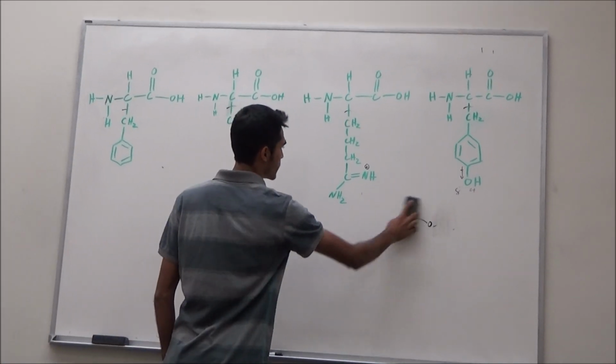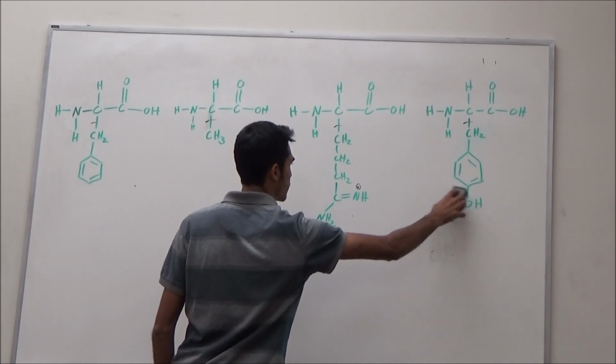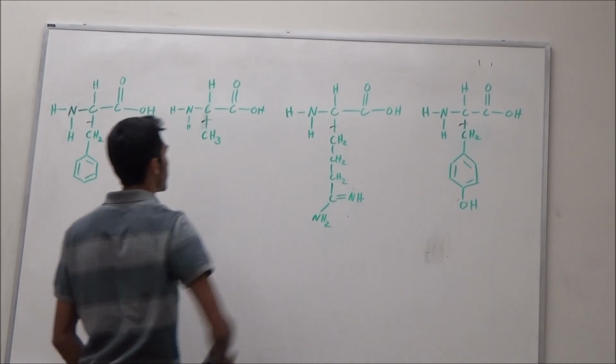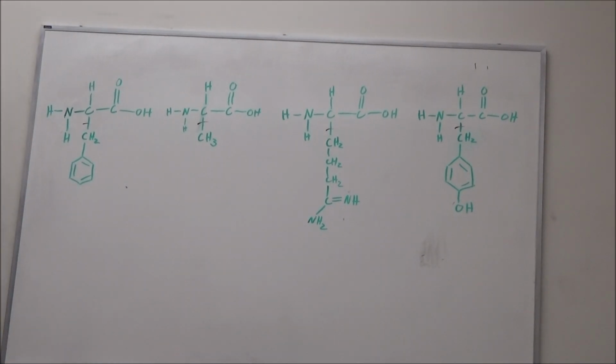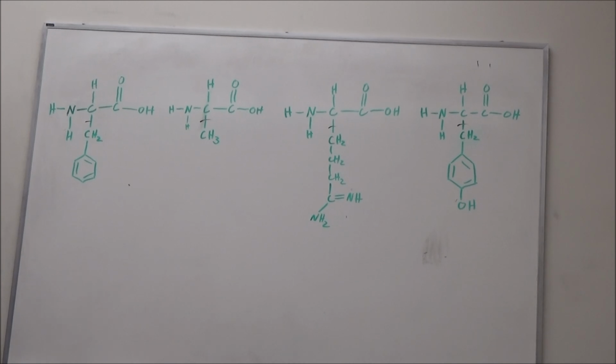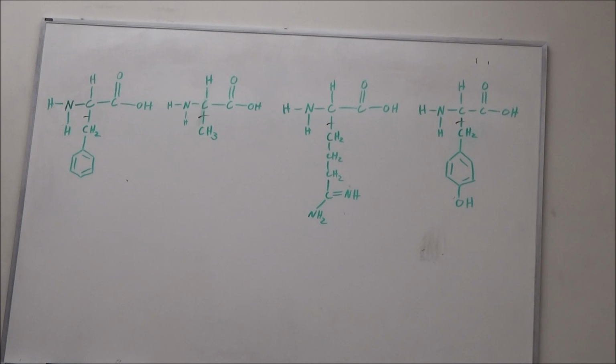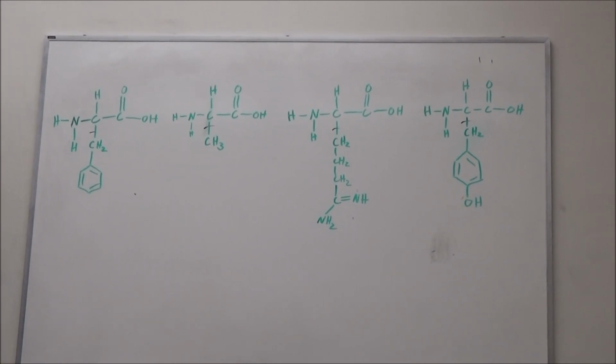Alright, now let's talk about actually how these proteins get formed from amino acids. So we have 4 amino acids up here, and we'll write them out. This is phenylalanine, and I believe Professor Ashmore wants you to know the 1-letter abbreviations.